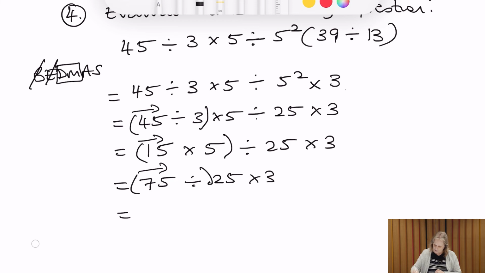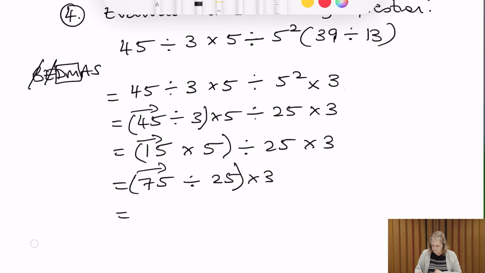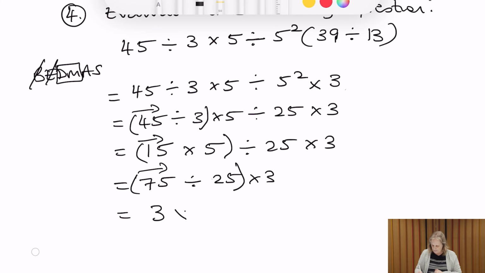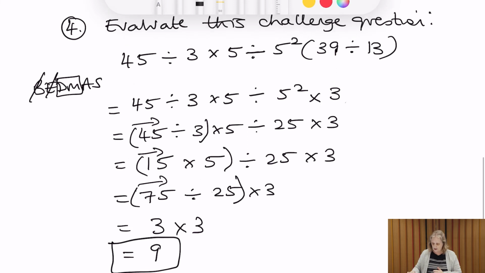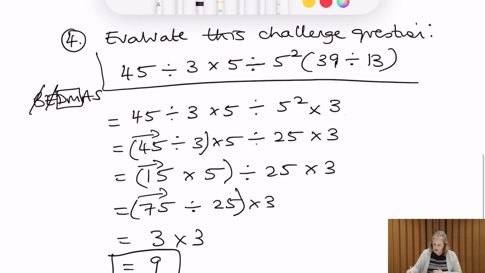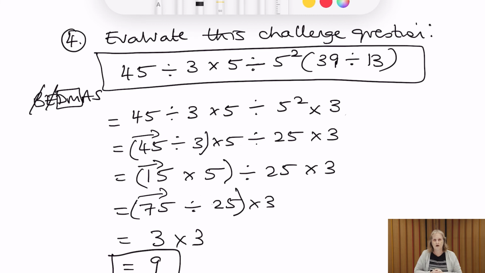We've got division first, so we're going to do the division first and then the multiplication. So we know 75 divided by 25 is going to give us 3, and then we're going to multiply by 3. So finally, we're going to get a solution of 9, positive 9, for our answer. So now we've evaluated this whole expression using BEDMAS to give us a solution of 9.